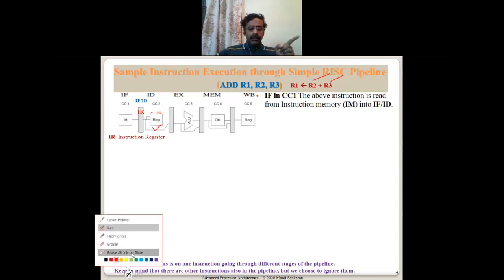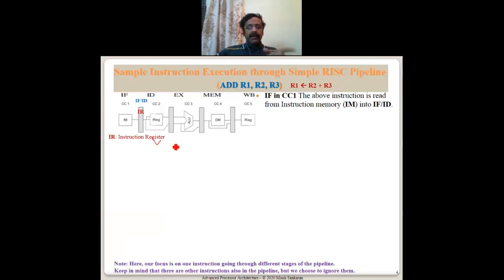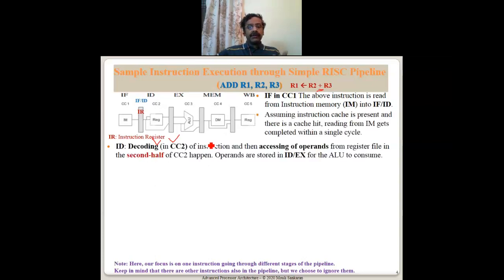Now, as I told you, reading happens here, but it needs to be passed on to the next stage for really performing the addition. That means the values read from the register set, which are nothing but the values of R2 and R3, should be stored somewhere, in the pipeline register. What is the name of this pipeline register? It is very simple.